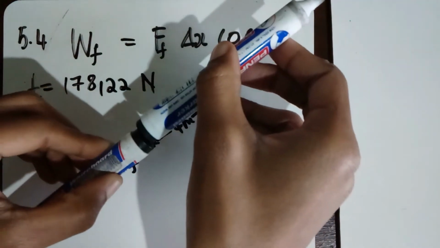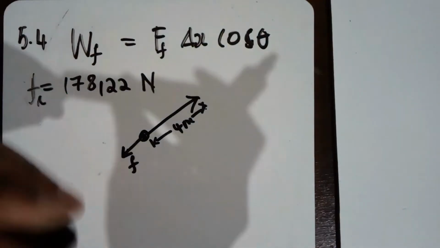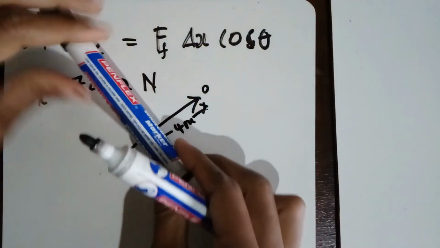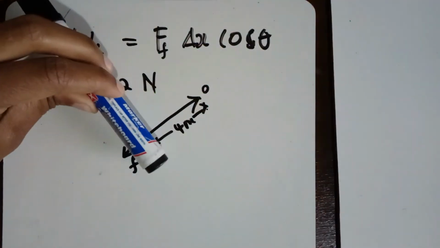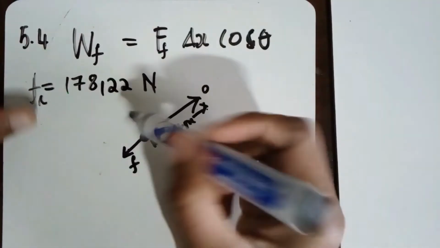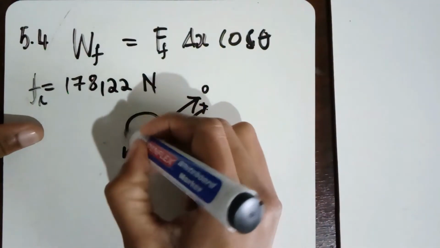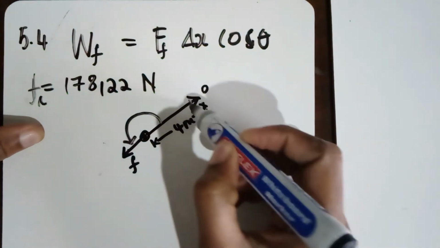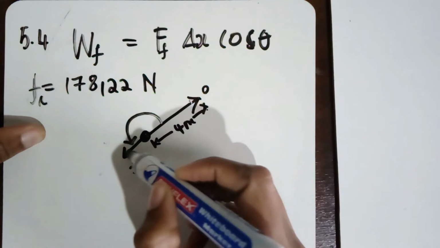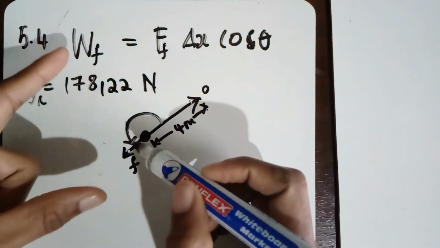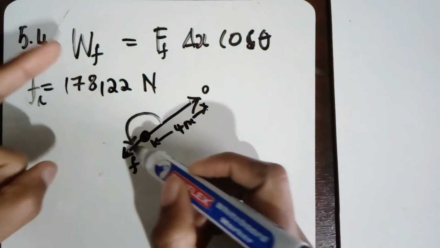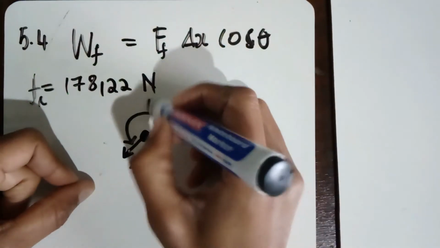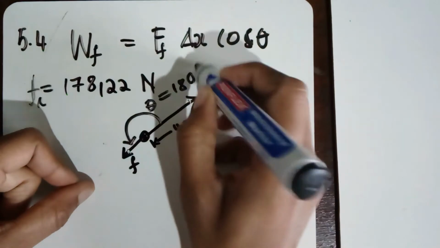So the angle between the direction of the displacement and these frictional forces, whose work we are calculating, is actually 180, meaning our theta will be 180 degrees.